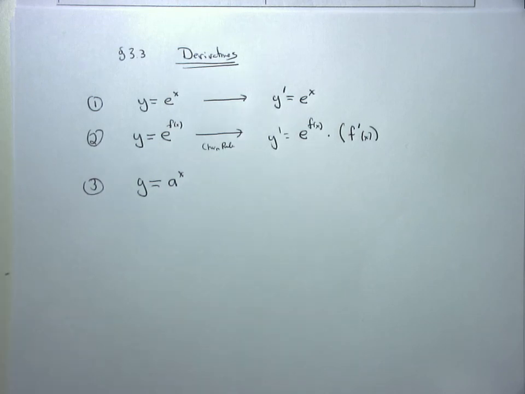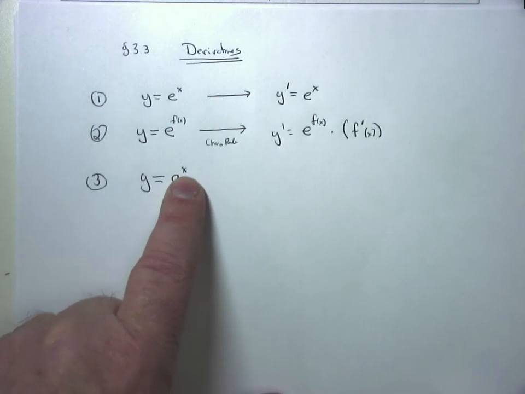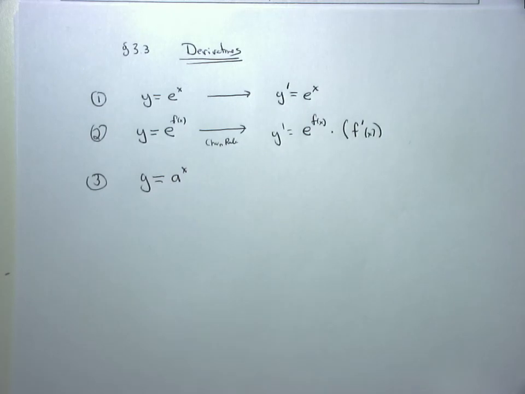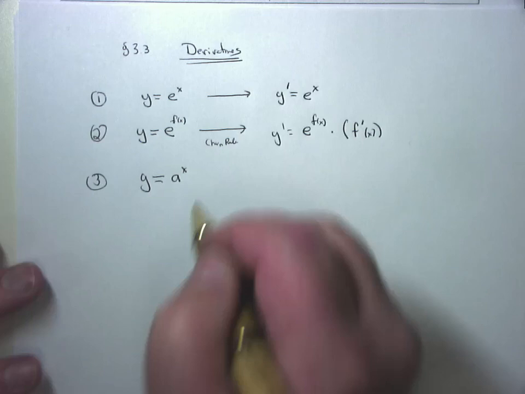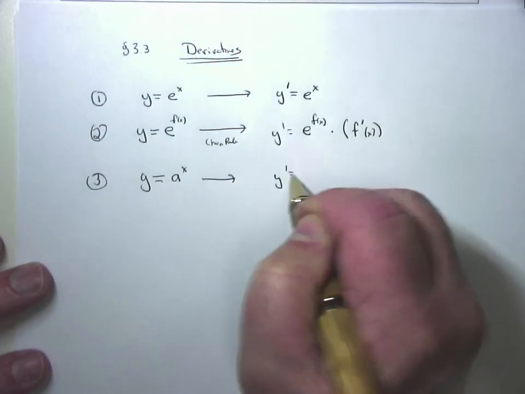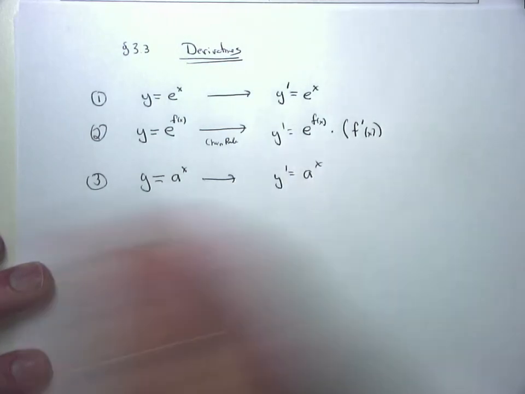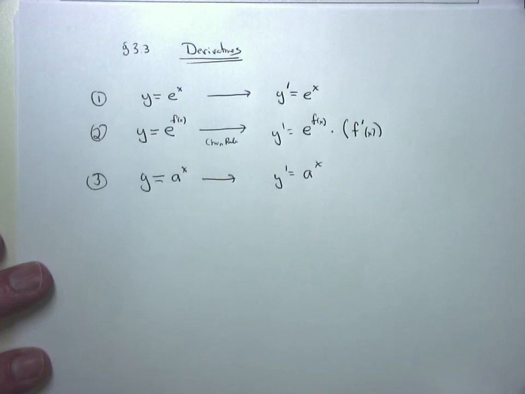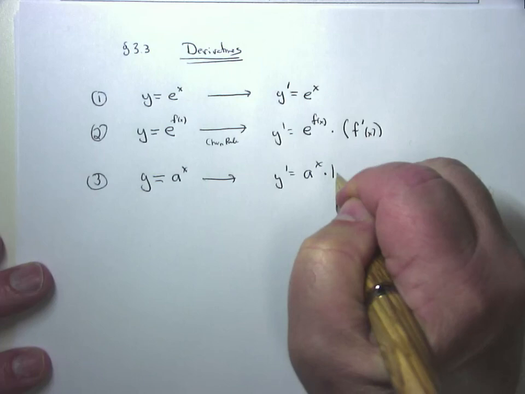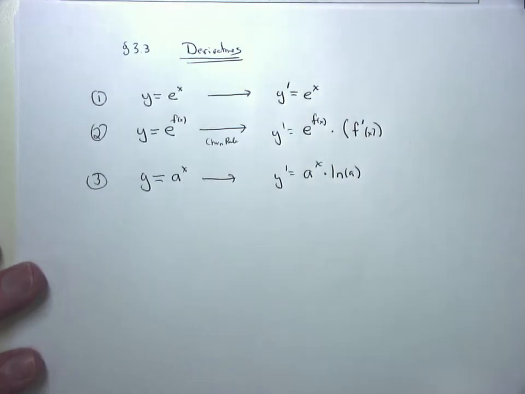1 to the x is kind of stupid because it's just 1. But you could have a fractional base or a base bigger than 1. If you've got a to the x, it is still exponential, so it has the same pattern. The derivative is going to be a to the x, but then because you don't have that magic number e, 2.71828 whatever, you have to multiply by an adjusting factor, the natural log of a.